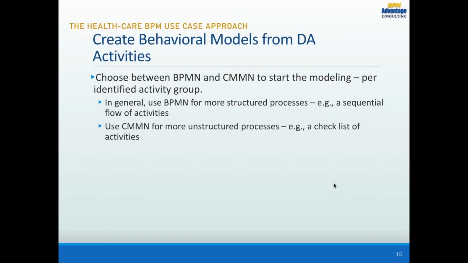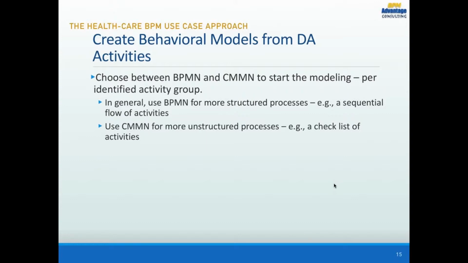And I guess whenever doing this kind of modeling, you would need to choose between BPMN and CMMN to start the modeling, or per each identified activity group. And there are basic rules for this. It's not going to be a hard, fast decision, but in general, you would use BPMN for more structured processes, those that have a more sequential flow of activities.